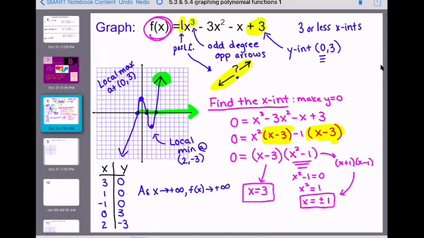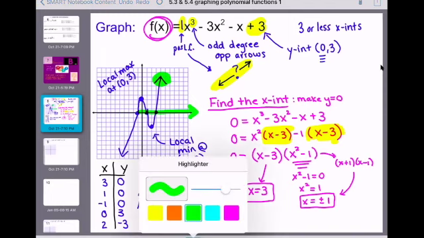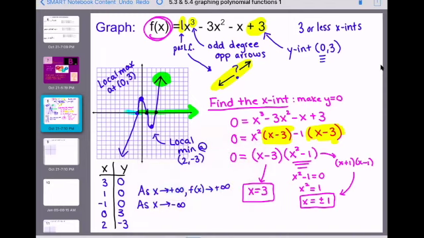Then I'm going to go the other direction. As x approaches negative infinity, which just means as I look to the left, the function approaches... where does the function go when I look to the left? The function is going down.